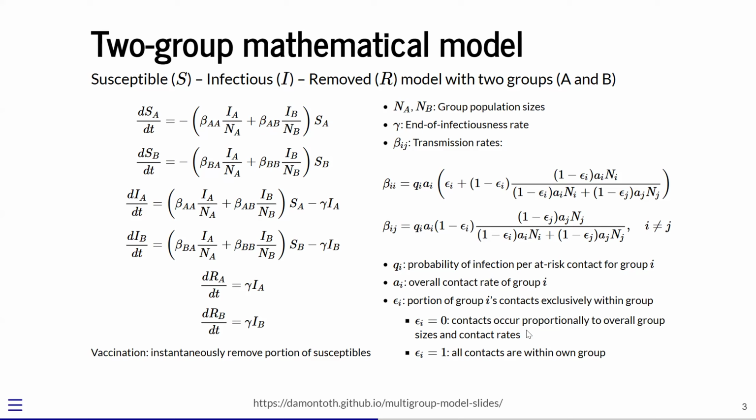If it's 0, then contacts occur proportionally to the overall group sizes and contact rates. So that's the random mixing assumption. And then all the way to if epsilon was equal to 1, then that would mean all of your contacts are only within your own group and none with the other. And generally, we expect it to be somewhere between those extremes.